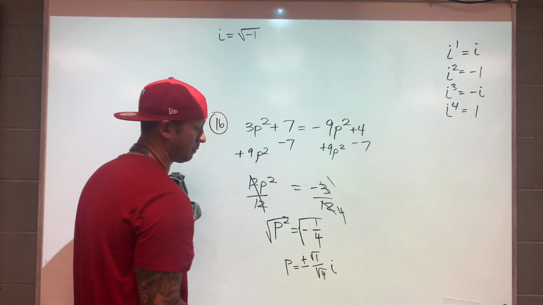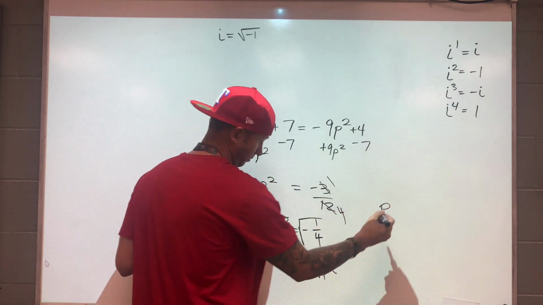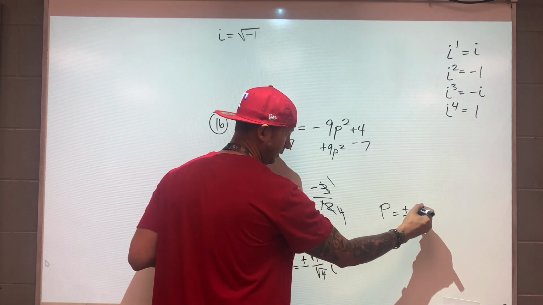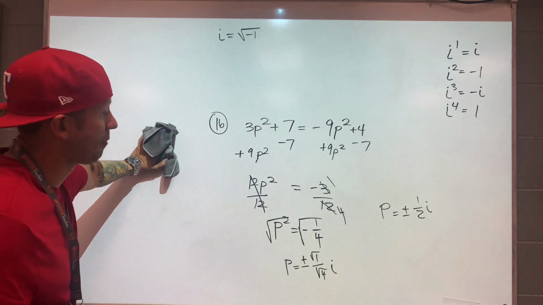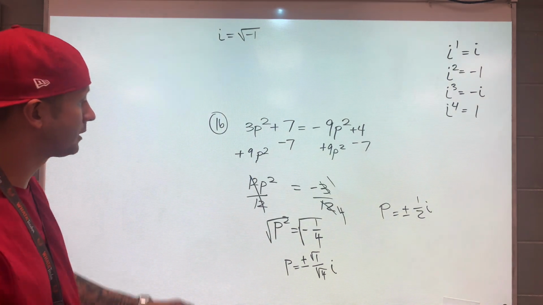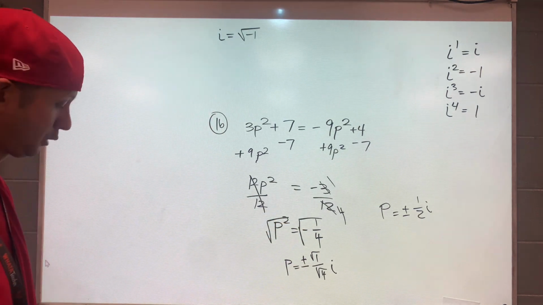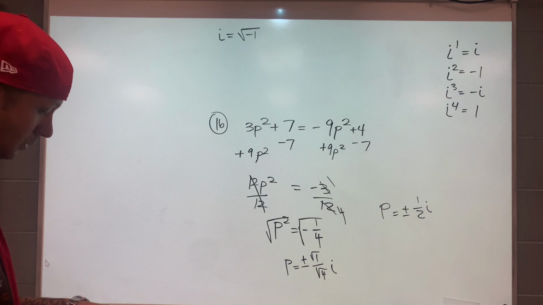Square root of the top, square root of the bottom. So what's the square root of 1? 1. Square root of 4 is 2. So plus or minus 1/2i. Right, all these little properties, like the square root properties, you've got to be able to be Johnny on the spot with those.